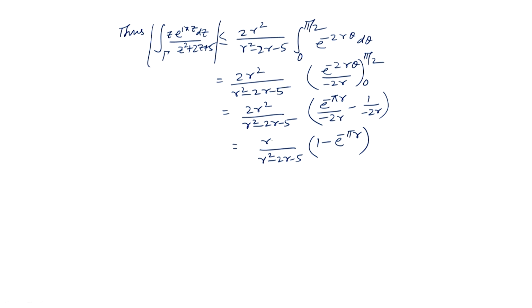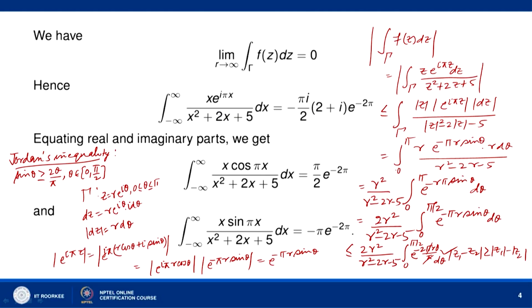So this also goes to 0. So this goes to 0 and this goes to 1. So this goes to 0 into 1, so this is 0 as r goes to infinity. So this is how we prove that the integral along gamma goes to 0 as r goes to infinity. Okay. So when we have proved this, then what do we get?